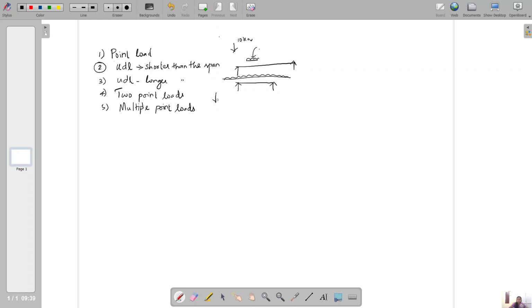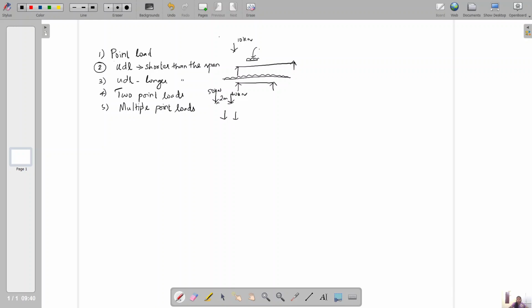Next one, two point loads. Two wheel axle loads are considered, it can be 50 kilonewton and 40 kilonewton with a fixed distance of 2 meter. So these two loads only are going to travel along the beam.